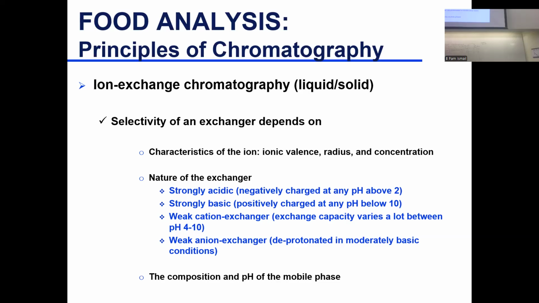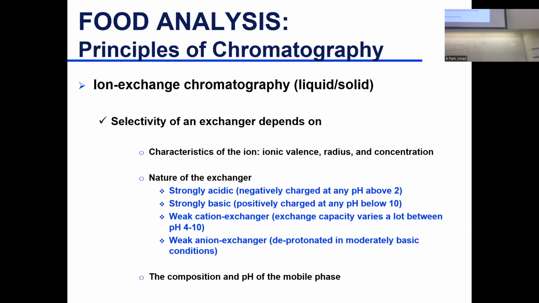But if I have a mixture of positively charged molecules, but all of them have different charges, and I want to separate them, I might want to go with weak acid cation exchange, because then I can change the pH of the mobile phase, and then I can change the affinity of the column to my components.